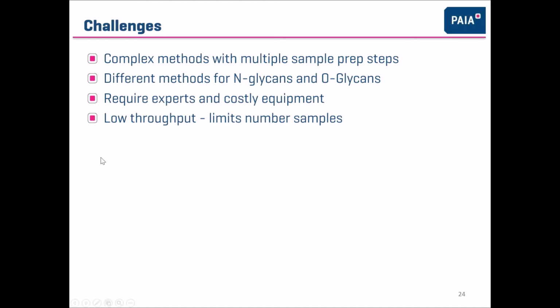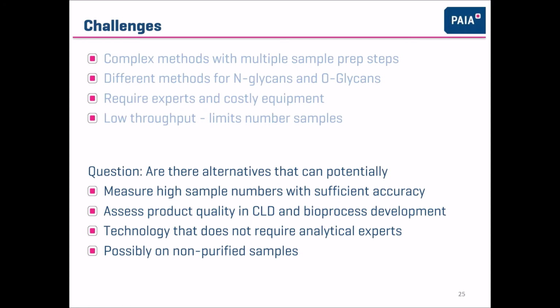So, of course, the question arises, and that's the question that we try to answer: are there alternatives that can potentially measure high sample numbers with an accuracy which is sufficient to assess product quality early in CLD and bioprocess development?